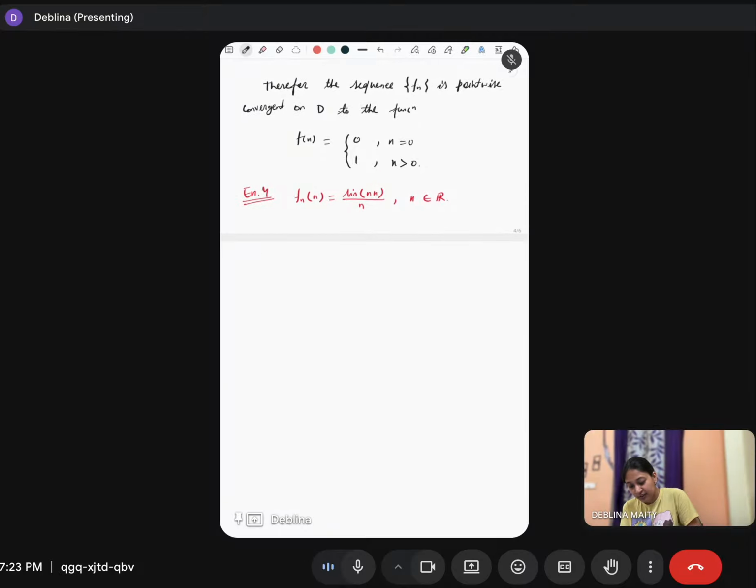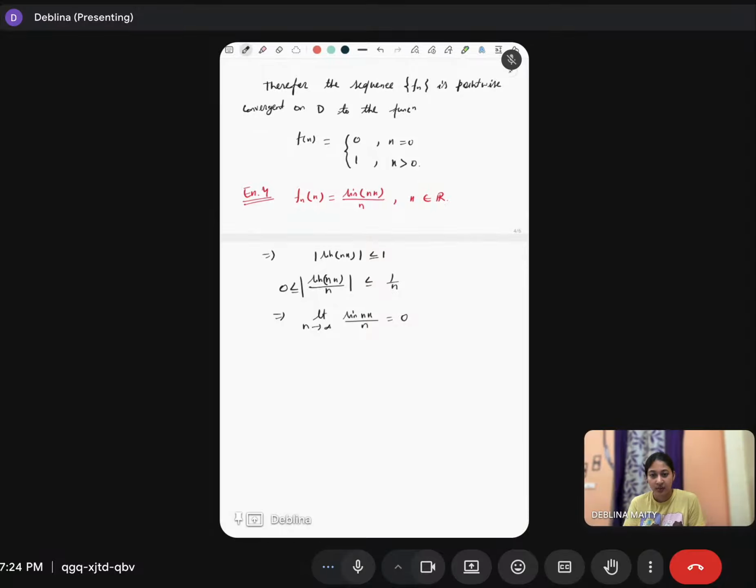In this function, sine is bounded, right? sin(nx) is a bounded function, so |sin(nx)/n| is bounded by 1/n, and greater than or equal to 0. So by the sandwich theorem, the limit as n tends to infinity of sin(nx)/n is going to be 0.